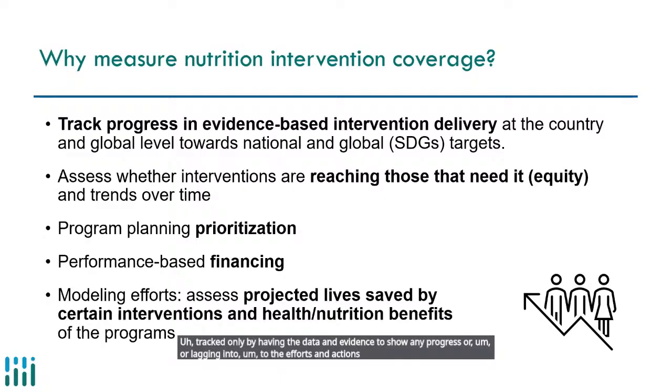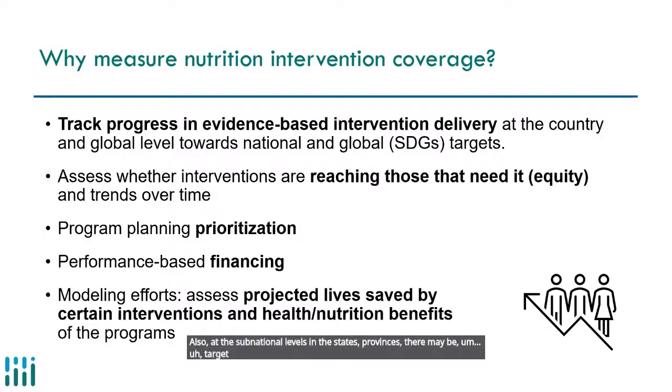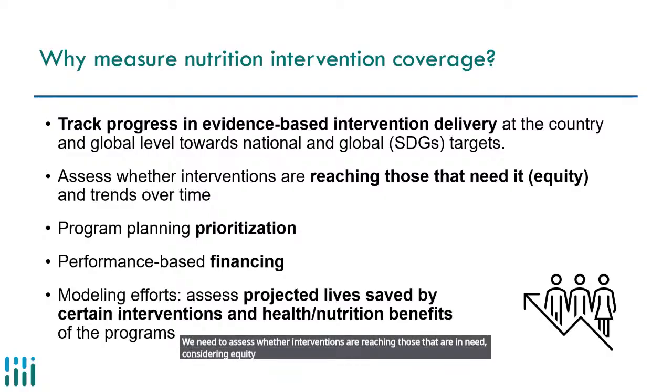Also, at the subnational levels, in the states and provinces, there may be targets and goals to be reached for tracking progress. We need to assess whether interventions are reaching those in need, considering equity and those most vulnerable, whether or not there are gaps that need to be filled, and trends over time.